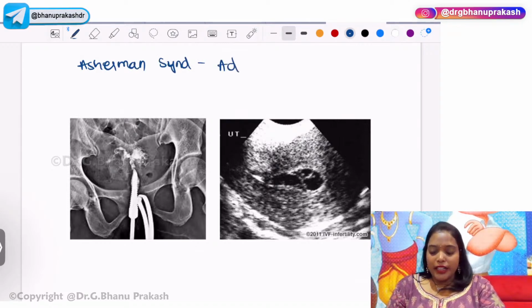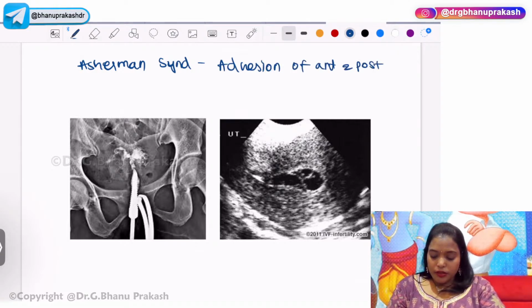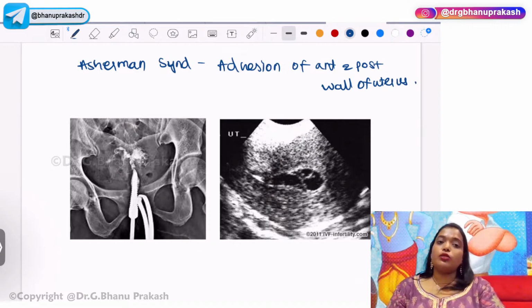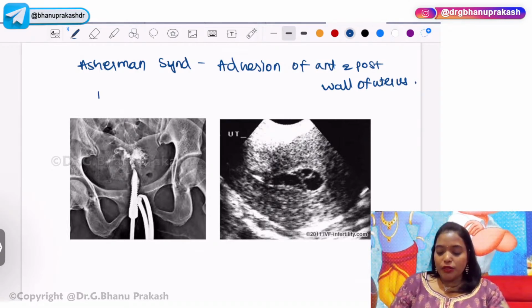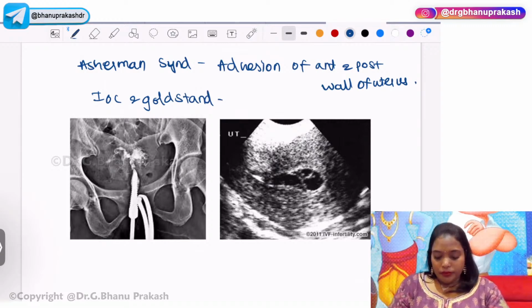Asherman is adhesion of the anterior and posterior wall of the uterus. Any trauma to the uterine cavity can lead to Asherman. Even tuberculosis can lead to Asherman. HSG is absolutely contraindicated. Investigation of choice and gold standard is hysteroscopy.